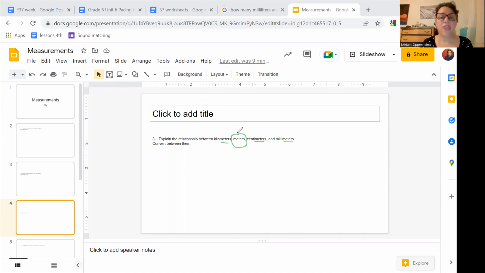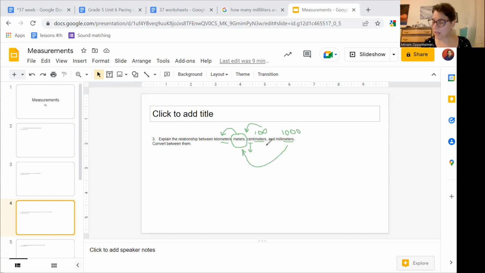So there's 1,000 meters in a kilometer. You see the word centi, like in Spanish, cien, right? And so there's 100 centimeters in 1 meter, and there's 1,000 millimeters in 1 meter.